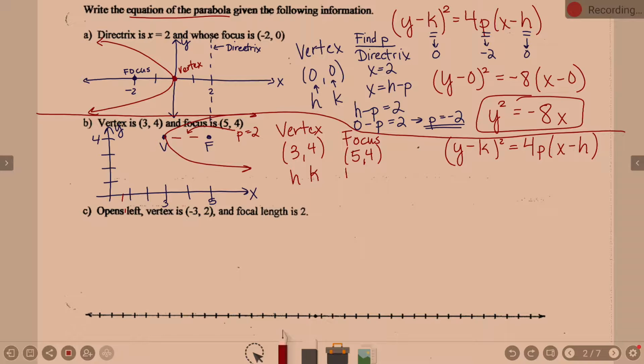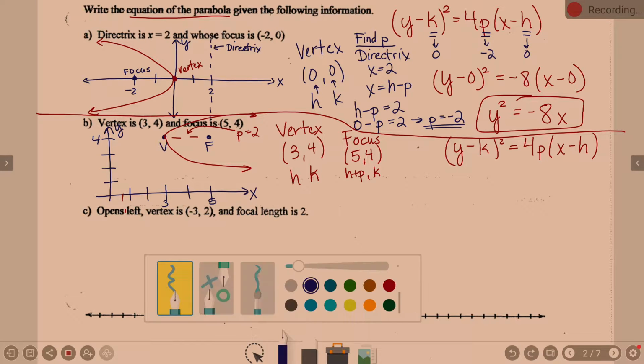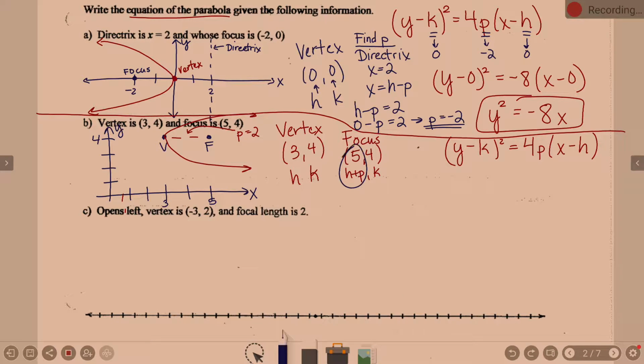So it makes sense that K is 4, and H plus P has to equal 5. But we already know H is 3. So 3 plus P is 5, and thus, does that support the fact that we claimed P was 2? Again, I don't care which way you do this. I'm giving you options. I'm just trying to make connections for you.